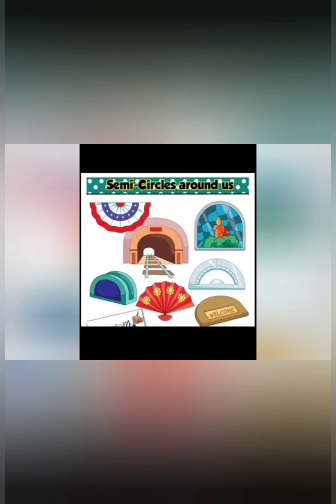Which things are shaped like a semicircle? Try to build on some figures which involves only a semicircle shape. You can see some examples here in this picture. These pictures are all made out of a semicircle, each part of this picture.